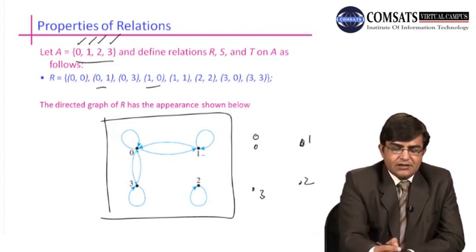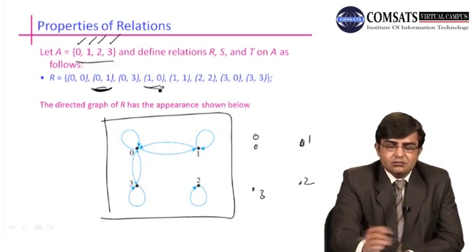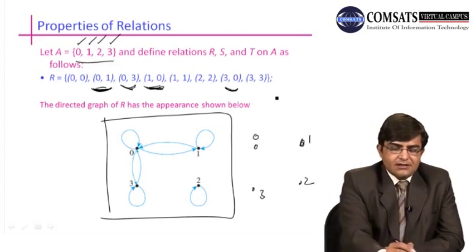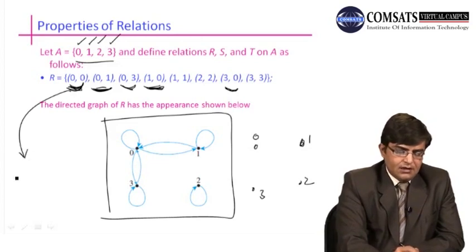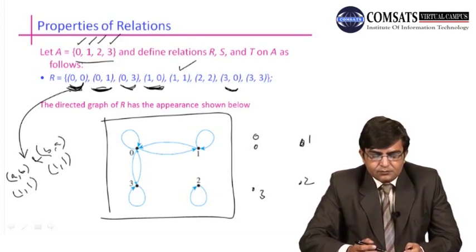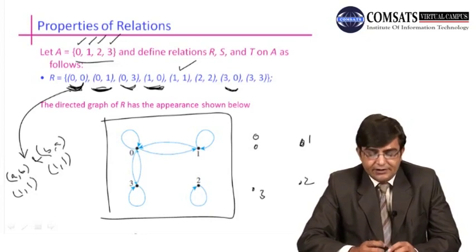For example, if 0 is related to 1, then 1 must be related to 0. If 0 is related to 3, then 3 is related to 0. Similarly, 0 is related to 0 and 0 is related to 0. So if (a, b) belongs to R, then (b, a) belongs to R. So this relation is also symmetric.